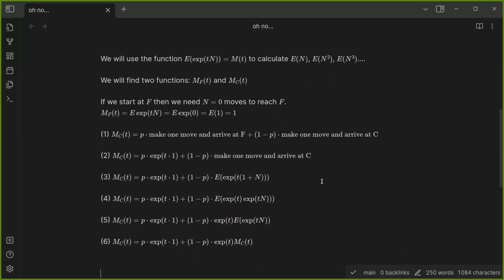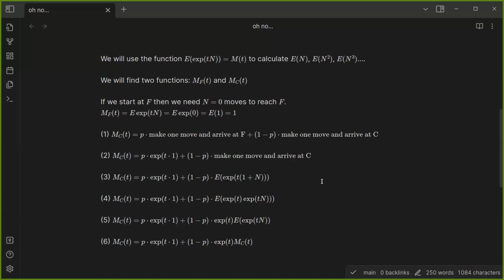So, let's recap. We are searching for the function mc of t. And our strategy is to build an equation for mc of t. How are we doing this? We see that after the first move, there are 2 possibilities. The first possibility is very simple, n is just equal to 1, the game ends.